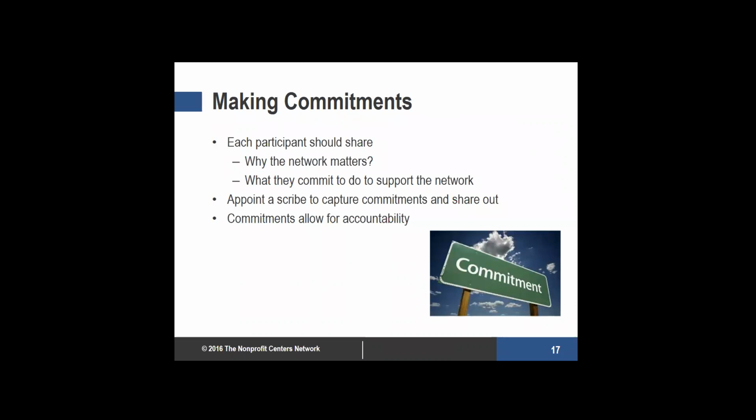It's important that your facilitator take note of every single commitment as it comes down. And sometimes it's helpful to get another volunteer or a second facilitator to help scribe and capture those commitments, because commitments allow for accountability, and then you are able to transfer those commitments into increased action.